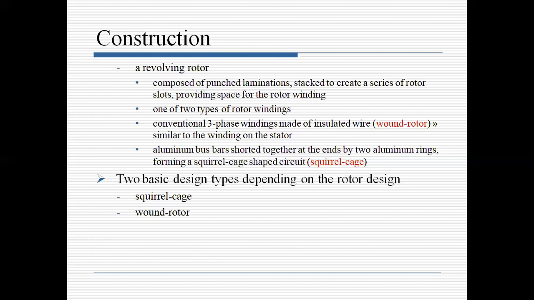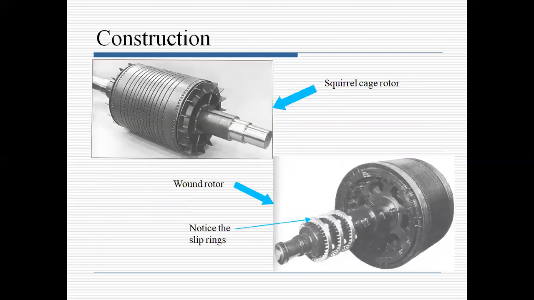So now we see these two constructions: number one, squirrel cage; number two, slip rings. The advantage of the slip ring rotor is that we can add external resistance through the slip rings. But for the squirrel cage induction motor, we cannot add any external resistance because both ends are shorted with the help of end rings.